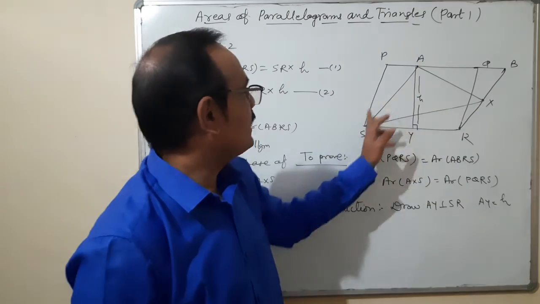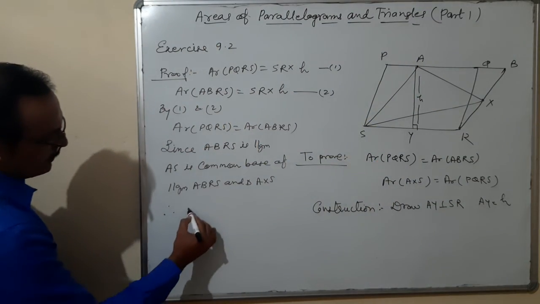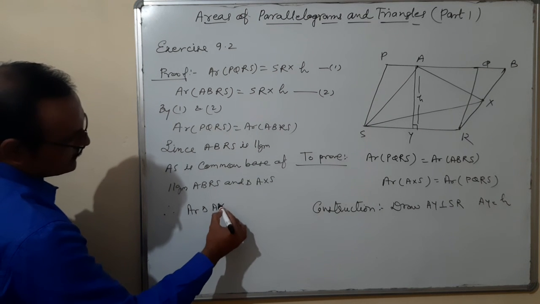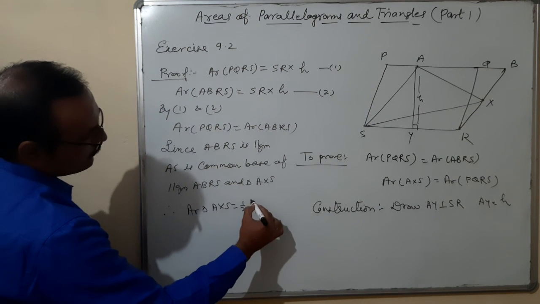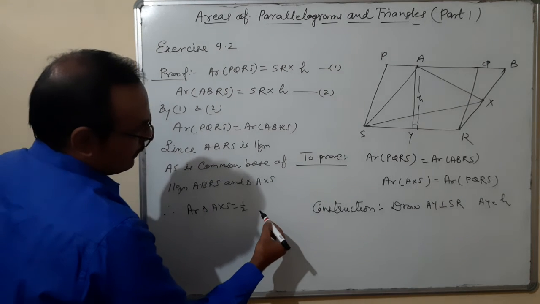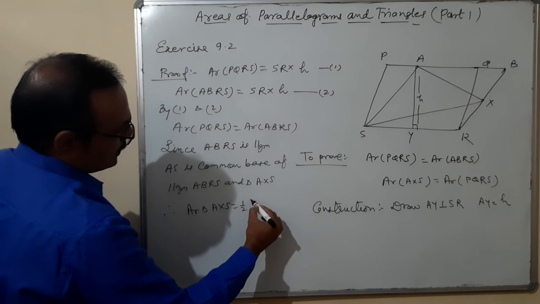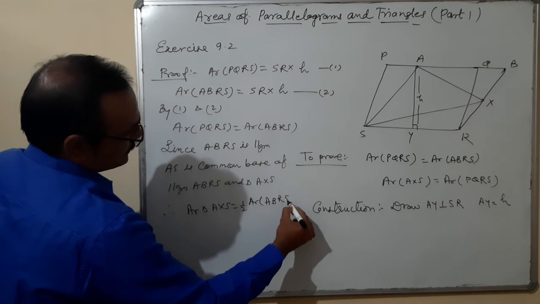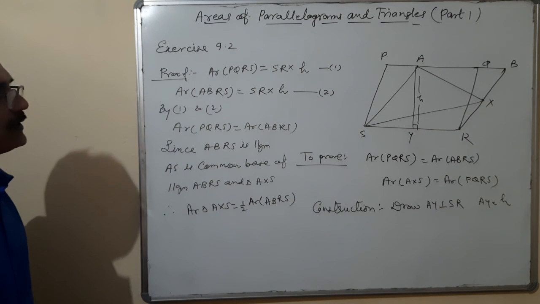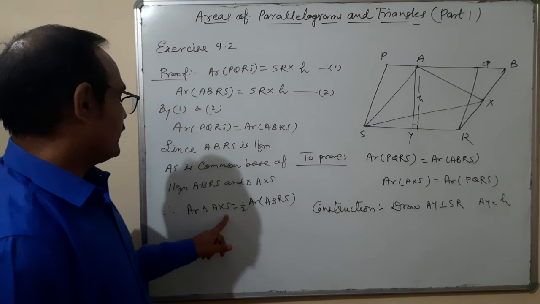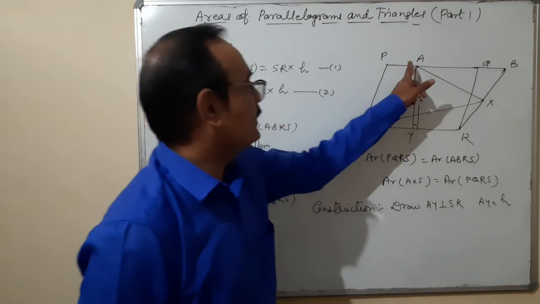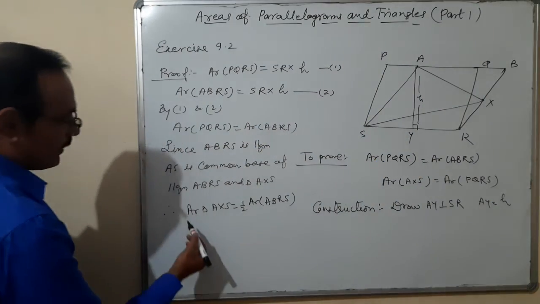Therefore, area of triangle AXS is equal to half of area of parallelogram ABRS.